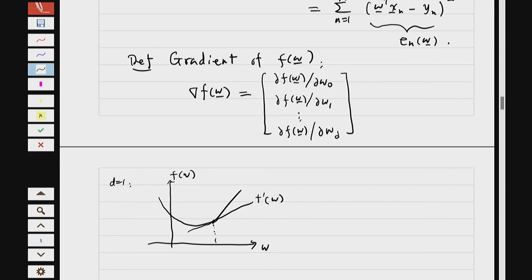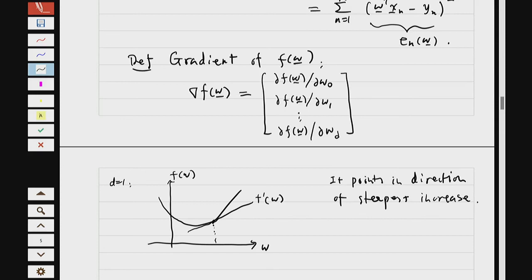So in particular, the gradient points in the direction of the steepest increase of the function, or increment, if you want.